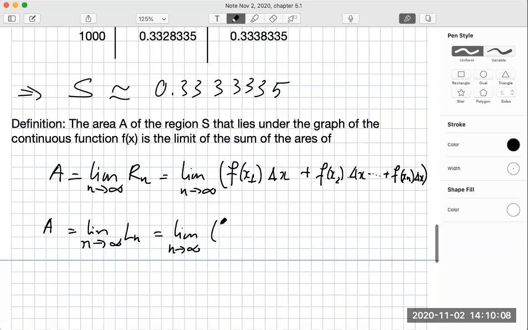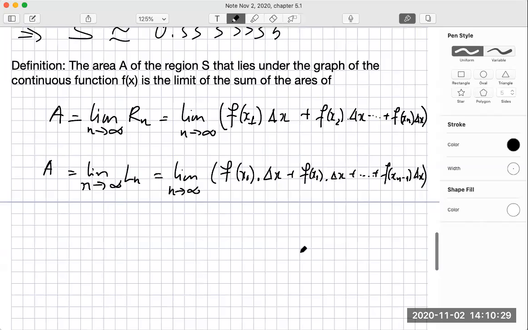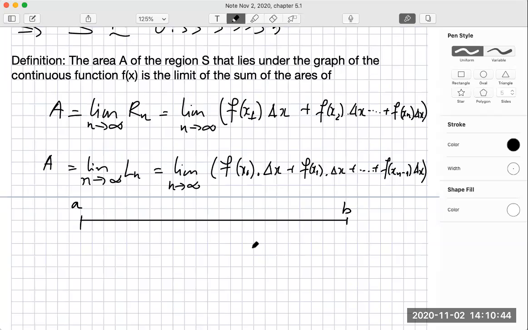In more detail, it is f of x0 multiplied with delta x plus f of x1 multiplied by delta x plus f of xn minus 1 delta x here, where we discretize the interval from a to b into n intervals. And this, we call it x0. This is x1.